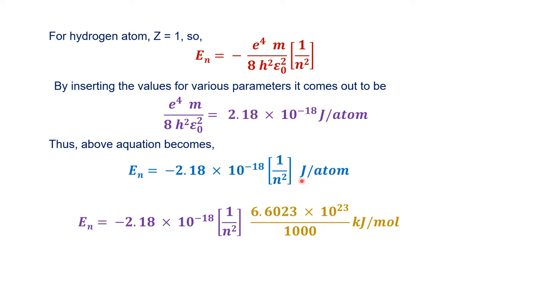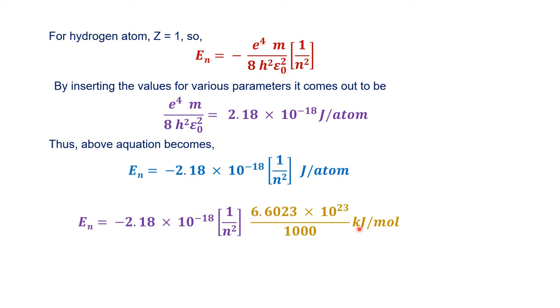If we convert this formula into kilojoule per mole, we know that to convert joule into kilojoule, we divide by 1000, and we know that 1 mole has Avogadro number of atoms, so we will multiply it with Avogadro number.